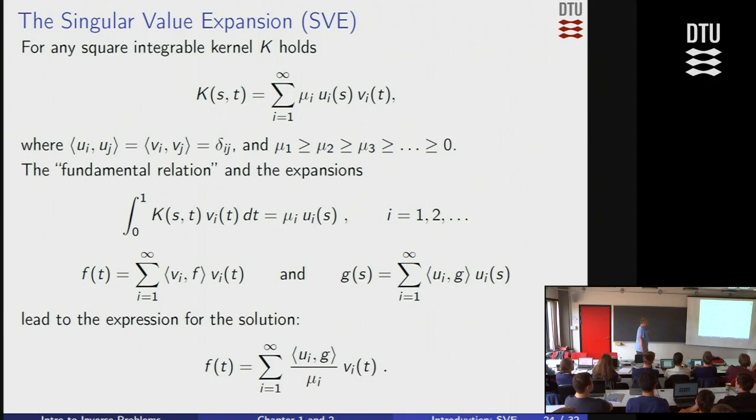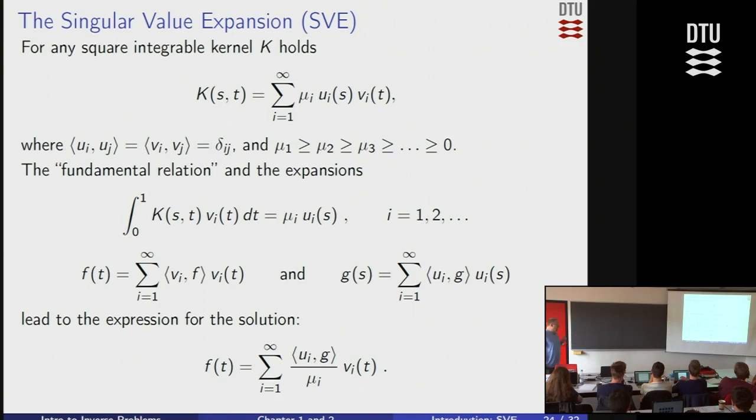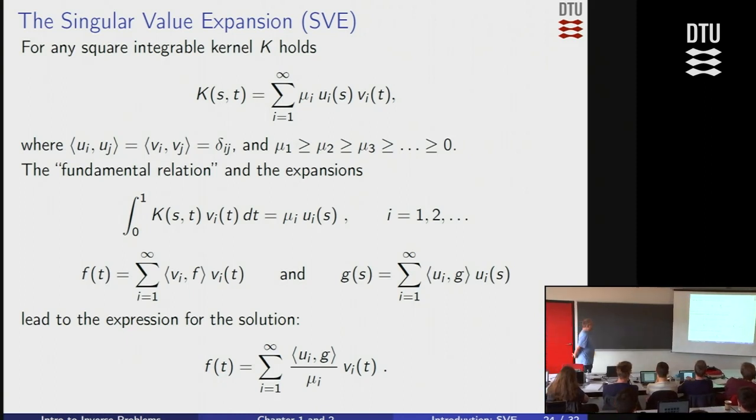And since it's an orthonormal basis, the coefficients in that expansion are the inner products between the function and the basis functions. You can do that for your unknown function f. You can also do it for your known function g on the right-hand side. There you have to expand in terms of the u functions, because g is a function of s.